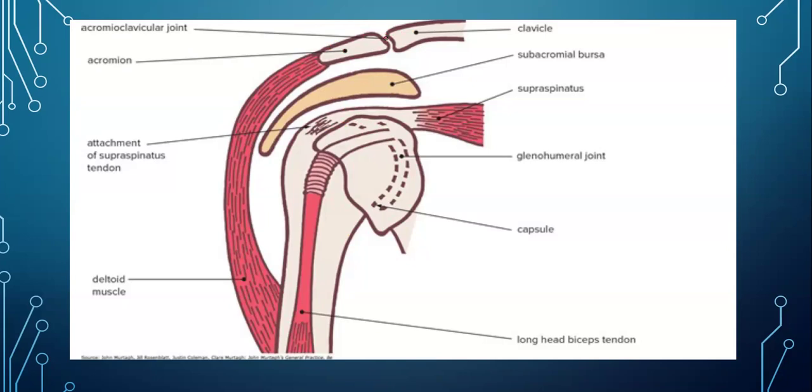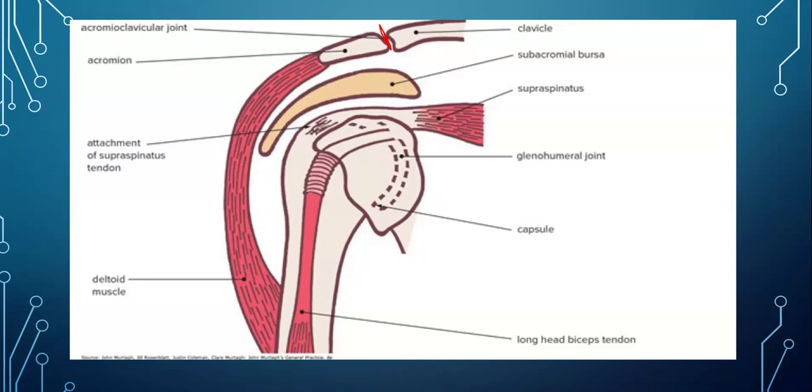That's called the AC joint, the acromioclavicular joint, over here. Just below the acromioclavicular joint, you have the subacromial bursa, right? And this is the supraspinatus tendon. This main tendon mainly helps with arm abduction or shoulder abduction, which means raising the arm to the side.